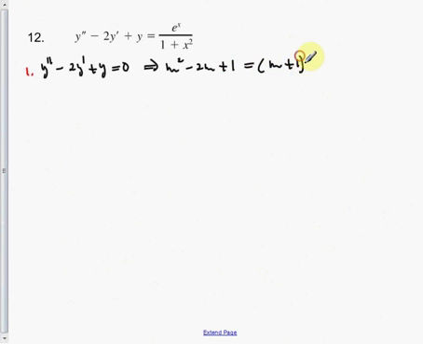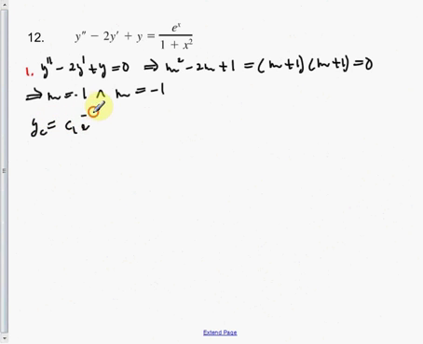That's m plus 1 times m plus 1 equal to 0. Implies that we have m equal to negative 1 and again m equals negative 1. So y sub c is c sub 1 times e to the negative x plus c sub 2 times x times e to the negative x because of the repeating terms, right?